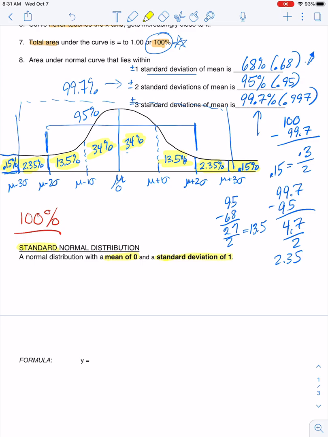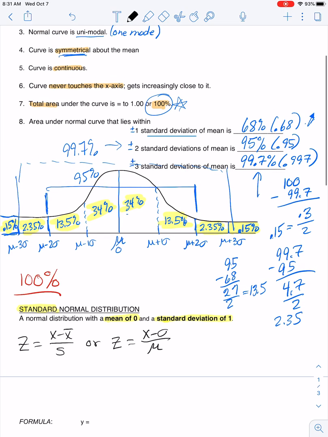Upcoming, we will talk about something called a z-score, and that will help us in standardizing scores. It's going to look something like this, or if we have population notation, x minus mu over sigma. That'll be shown in an upcoming video.